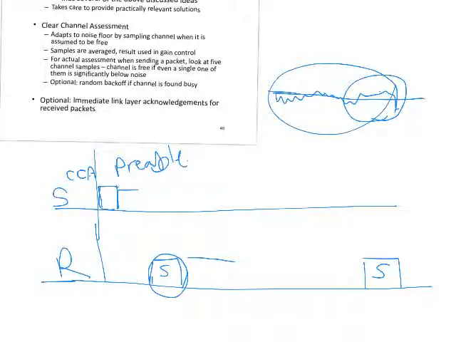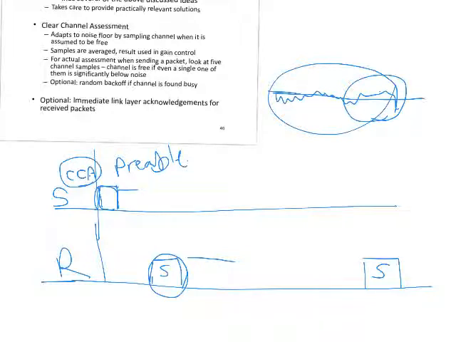So we sense. Now the sender wants to send to the receiver. Well, I don't have any synchronization for when the receiver is going to be awake. So the only way for me is that if I find that the channel is idle, using the CCA period, clear channel assessment, I did assess the channel and I made sure that the channel is idle.